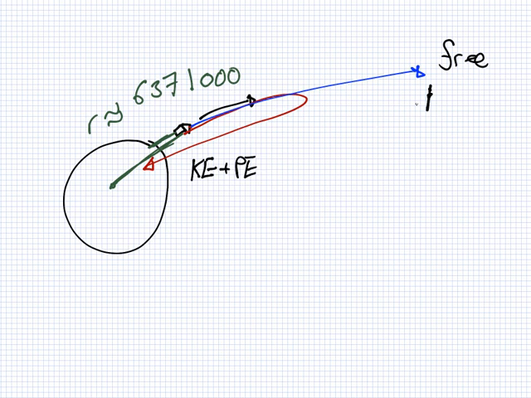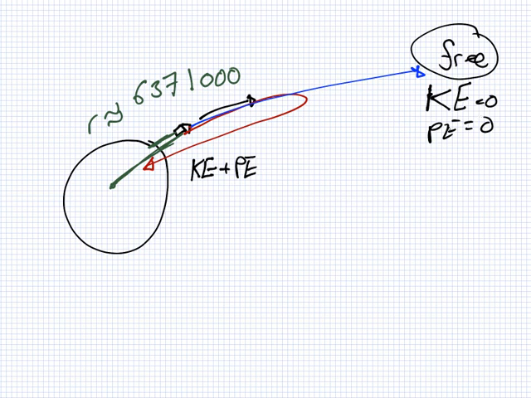Anyway, here the rocket only has kinetic energy. Now, we don't care how fast it's going if it's free, right? We actually just want it to be free. It could be going really, really slowly as long as it's freed. So in fact, we'll say both energies are zero. It's free, it's not really moving very fast, but it's free. It's not going to fall back to the Earth. That's the important thing here.